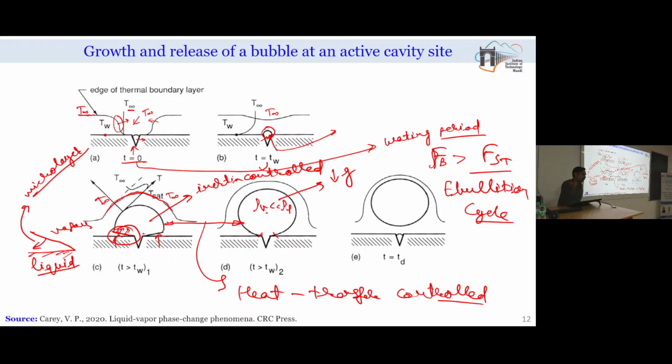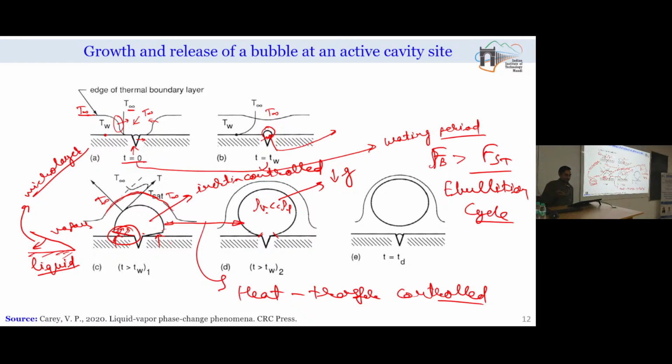Once it is growing immediately, it will significantly displace the liquid. So, growth will be inertia controlled, and after some time we will find that the heat transfer effect comes into the picture, because the rate of heat transfer may not be sufficient for rapid growth of the bubble. At that time, the liquid to vapor conversion will be controlled by the rate of heat transfer. That is why we call this regime the heat transfer controlled regime.